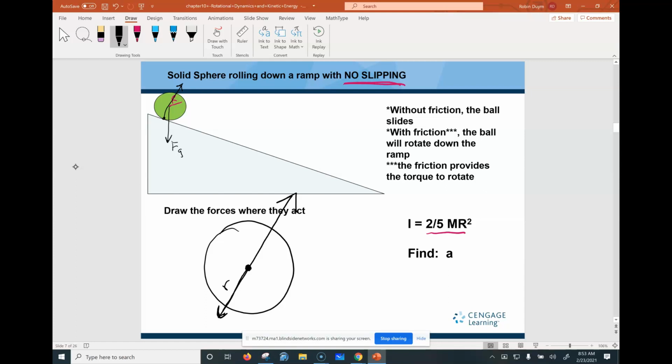There's no angle, right? What's the sine of 0? Yeah. So anytime a force passes through your axis of rotation, it doesn't produce any torque.